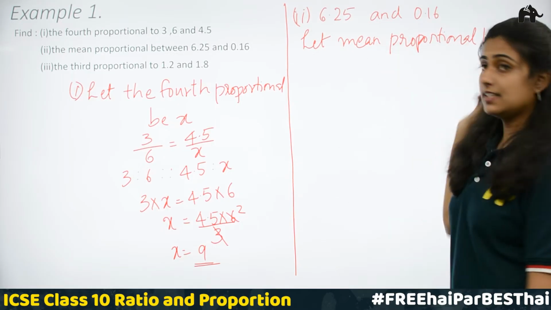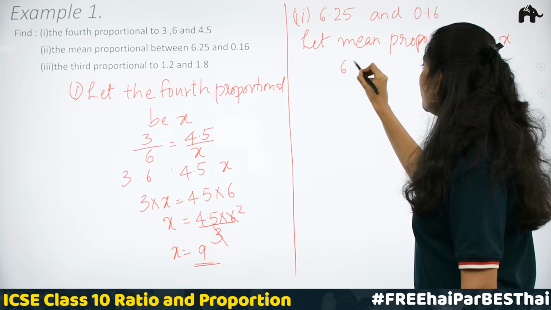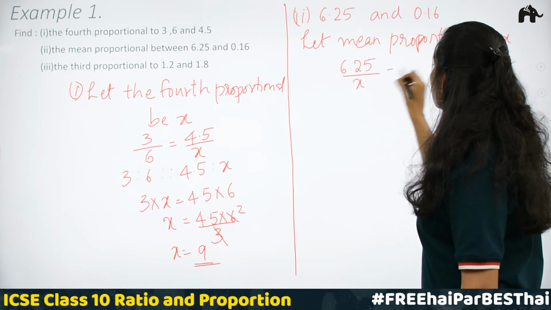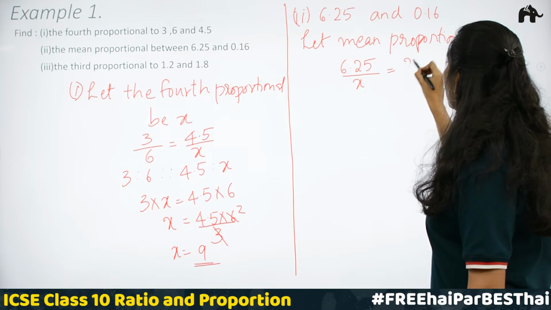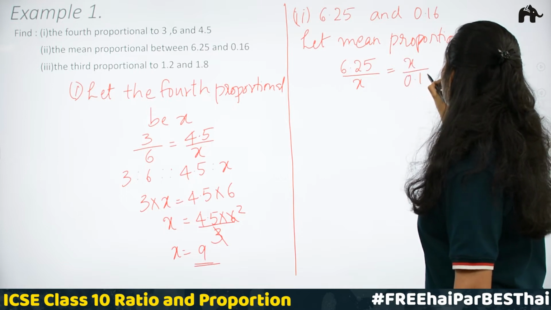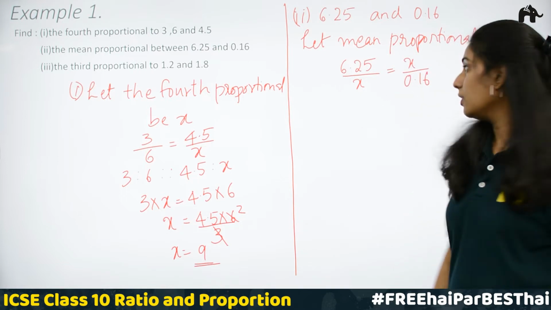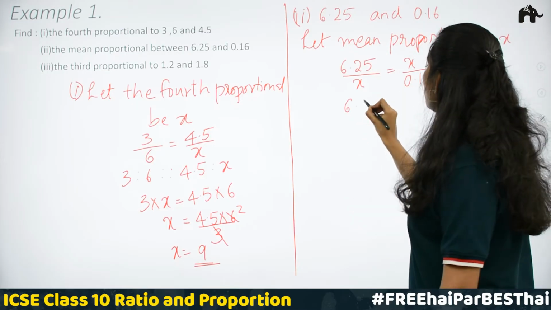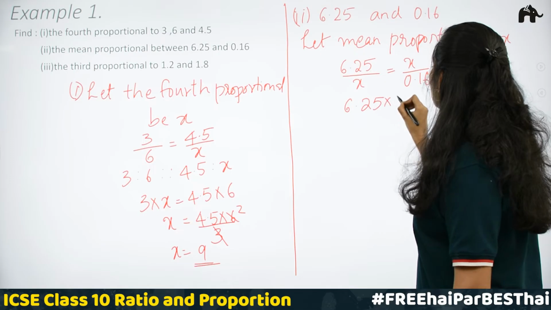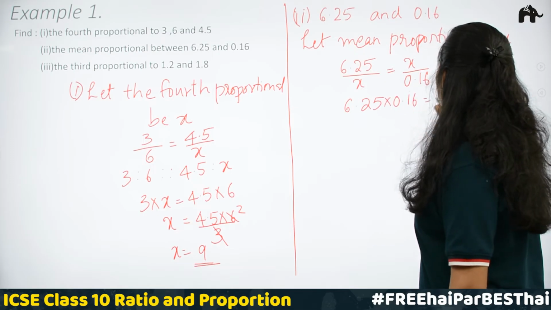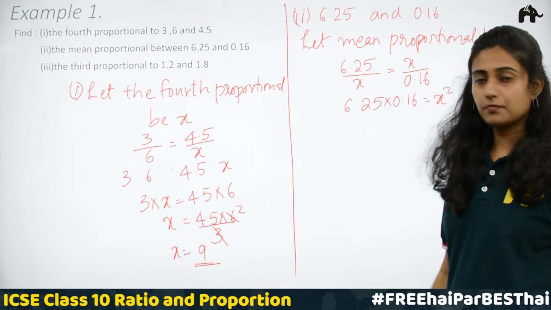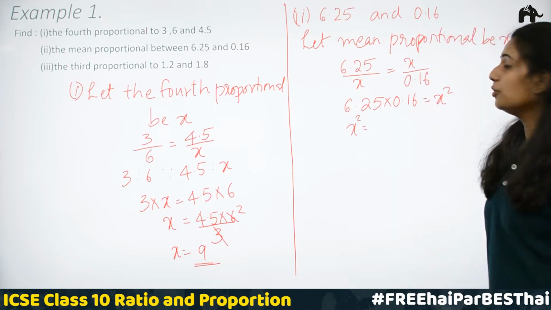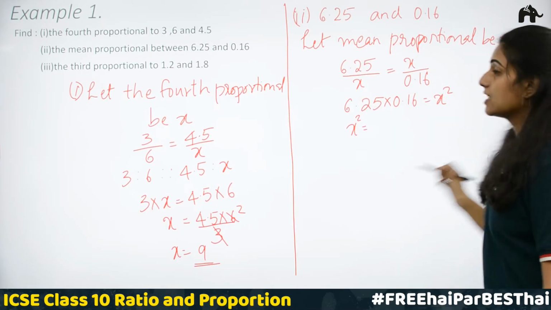Now, how can we write this? 6.25 divided by x is equal to x divided by 0.16. Okay. Next step, cross multiplying. 6.25 into 0.16 is equal to x square.